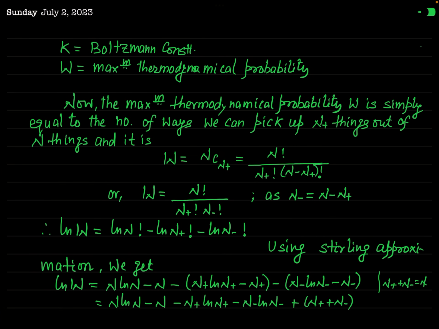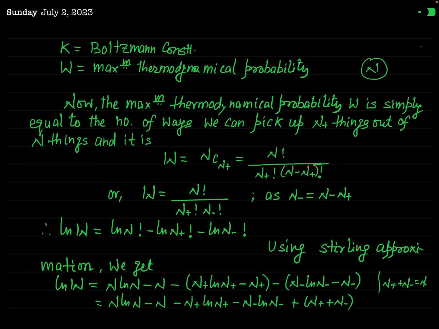In the present context, there are a total number of spins N, and when you talk about the maximum thermodynamical probability, you have to know the probability of up spins. So the calculation of W becomes simple.